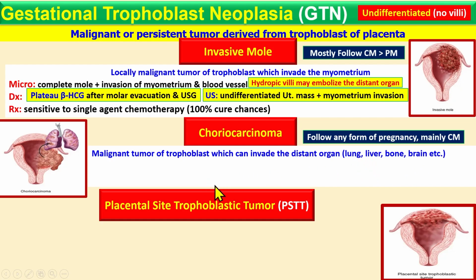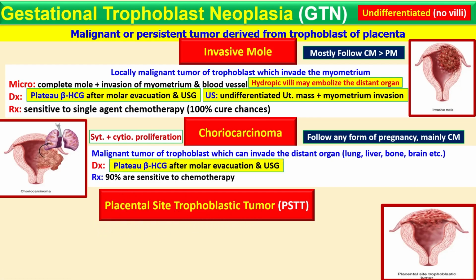Here in choriocarcinoma, cytotrophoblast and syncytiotrophoblast are both involved. Trophoblast has two parts: syncytiotrophoblast and cytotrophoblast. Choriocarcinoma involves both, while the placental site tumor involves only the cytotrophoblast.